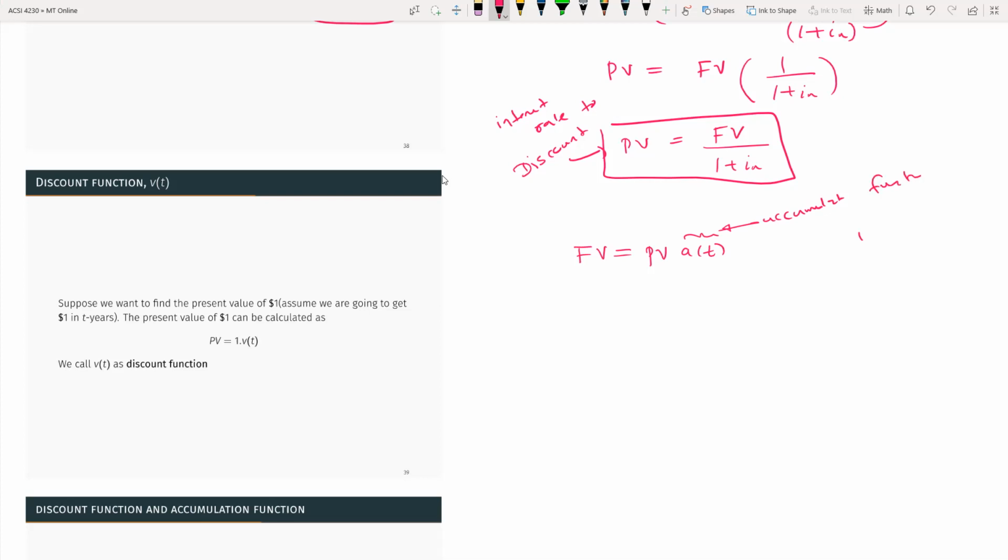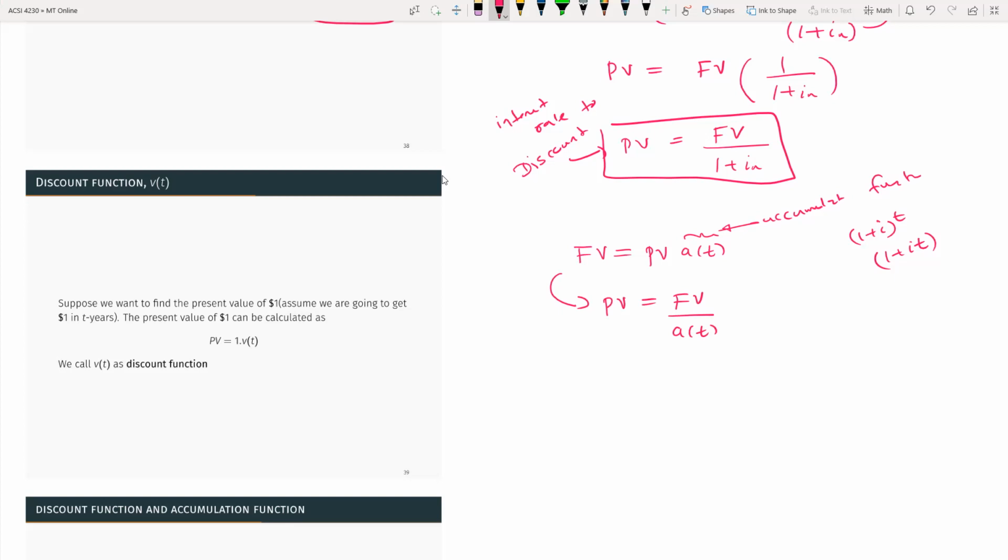Before we came up with this formula for 1 plus it, the original formula was this one. So from here, you can rewrite it as present value equals future value divided by At. You divide both sides by At and you get this. So I changed the side of it.